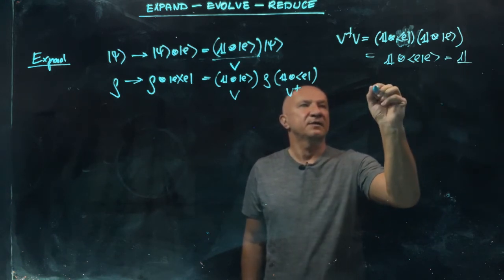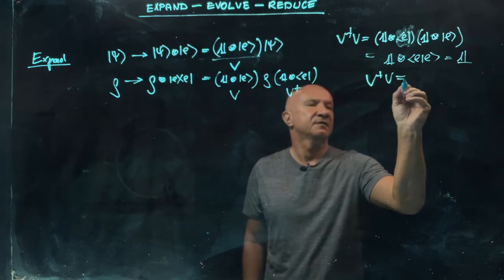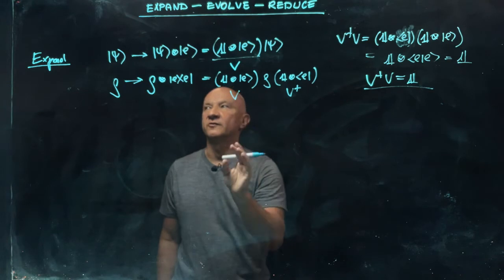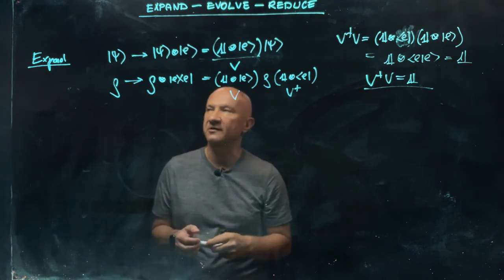So we can see that V dagger V is equal to the identity. So that's the Krauss form, right? So the expansion can be written in the Krauss form.